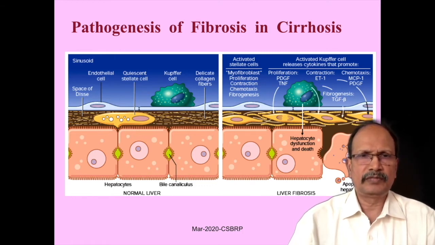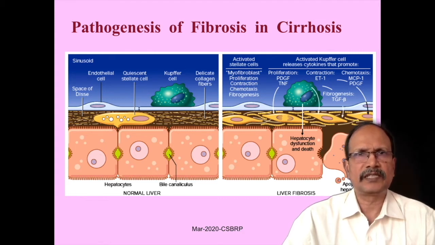And below, these orange cells are the hepatocytes. In between the endothelium and the hepatocytes, there is a space, and in this space lies a cell known as the stellate cell. This stellate cell is responsible for synthesis of collagen, which is of type 4. So this space between the endothelium and hepatocytes is known as the space of Disse, and in the space of Disse you will see the presence of this Ito cell and type 4 collagen.